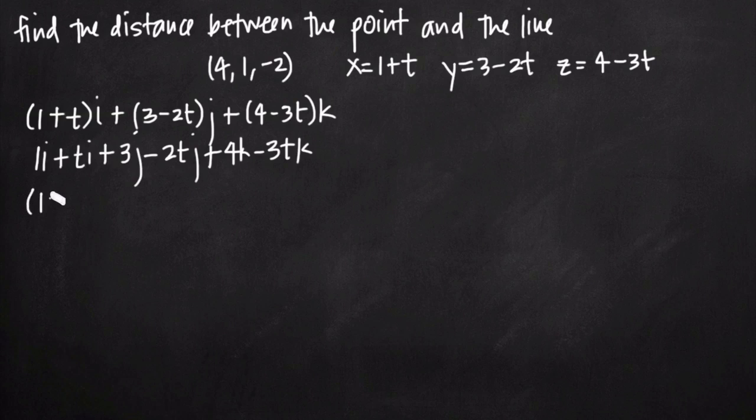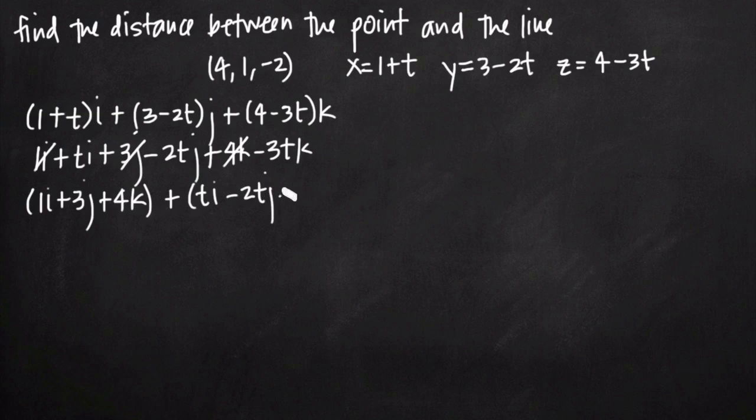So we'll get 1i plus 3j plus 4k. That takes care of all of the terms that don't involve t. Our three remaining terms involve t, so we get plus ti minus 2tj minus 3tk.